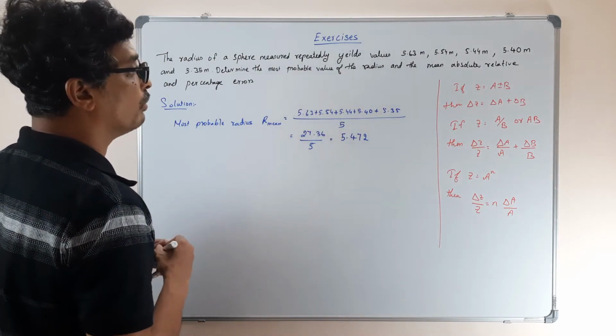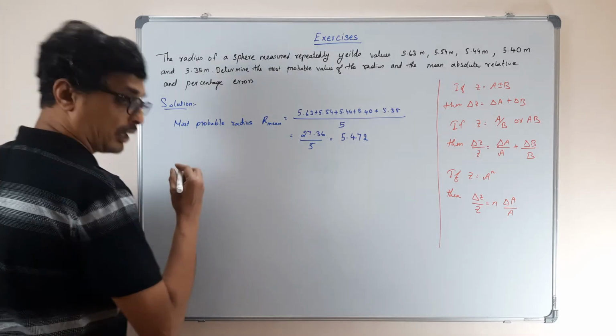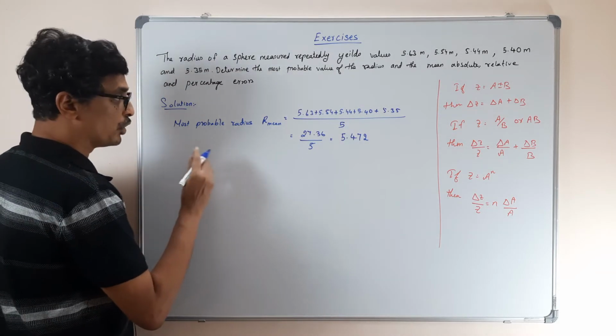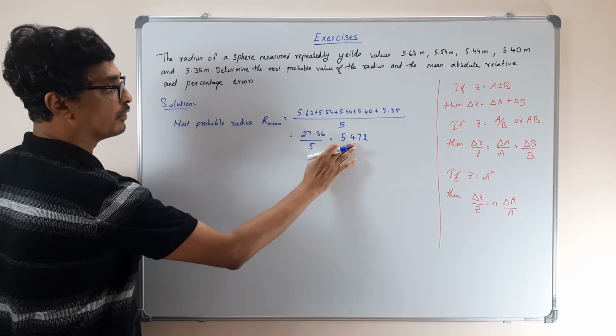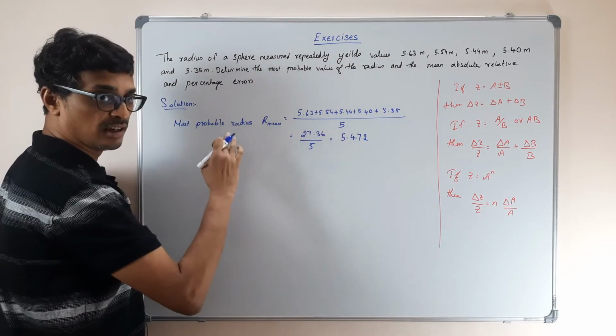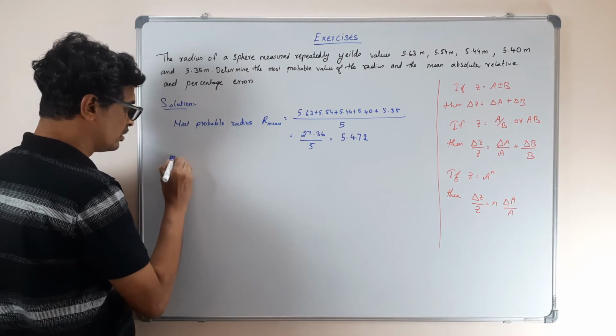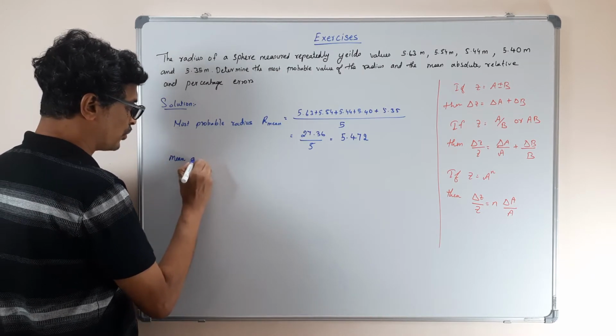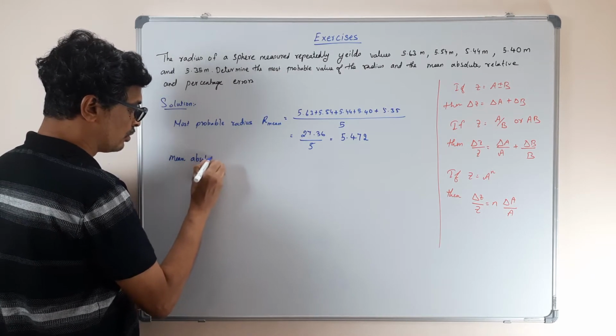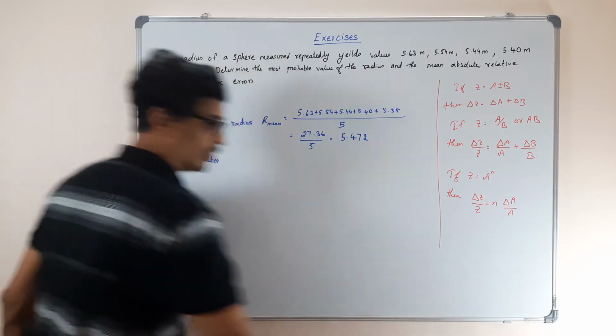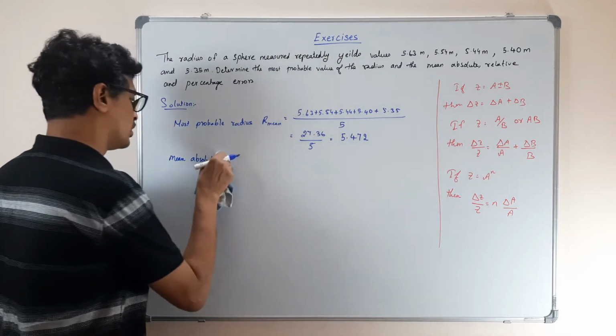Now you want to find out the mean absolute error. Correct. So what is the absolute error? This difference with each number, and then you take the average of all. Correct. So the mean absolute error is how much?